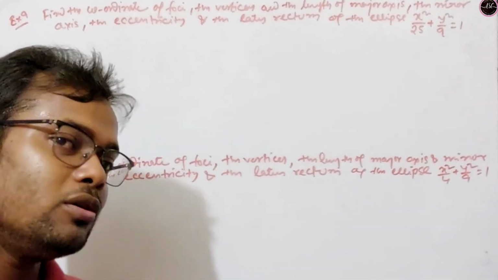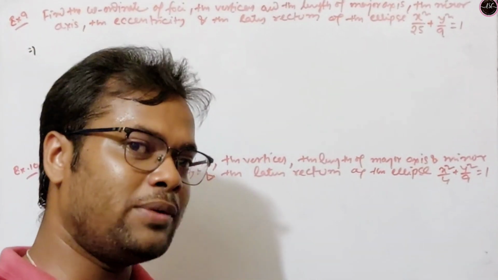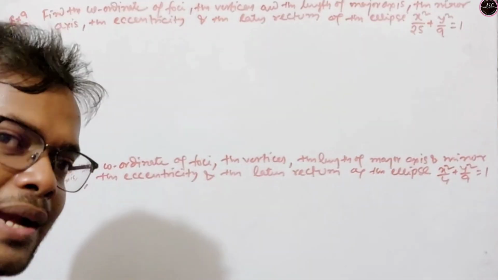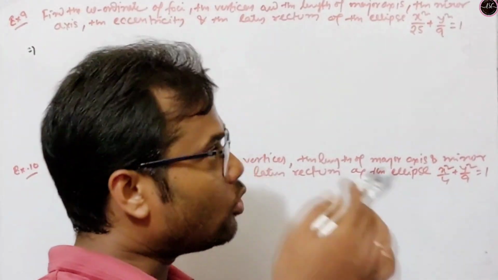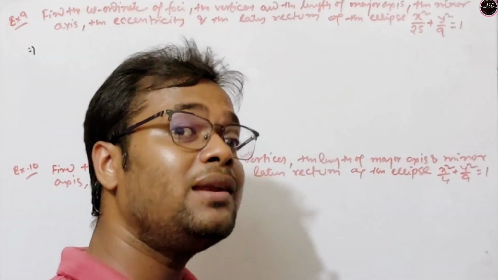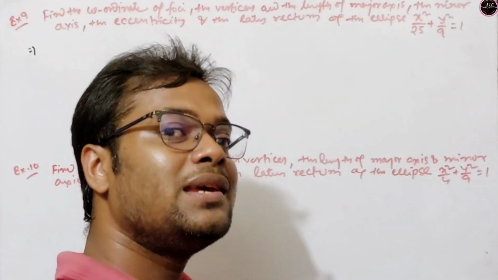So we have learned from the observation of the standard form of the equation of an ellipse that if the coefficient of x square has the larger denominator, then the major axis is the x axis.